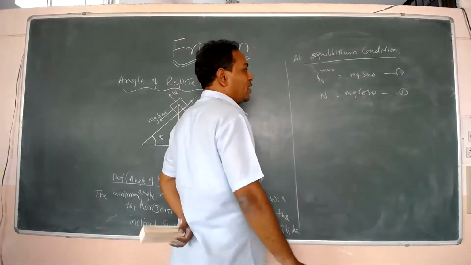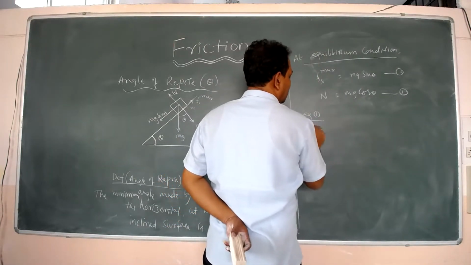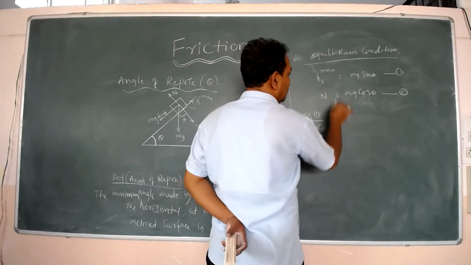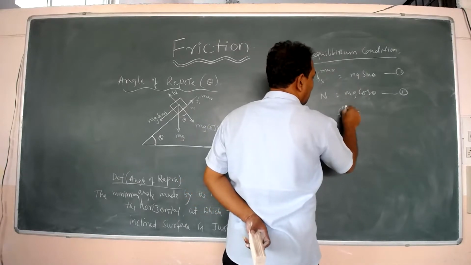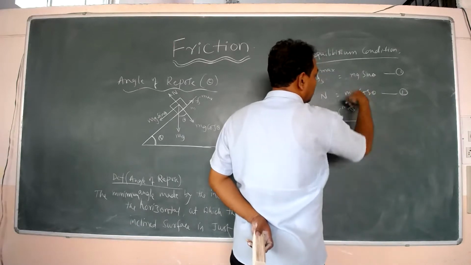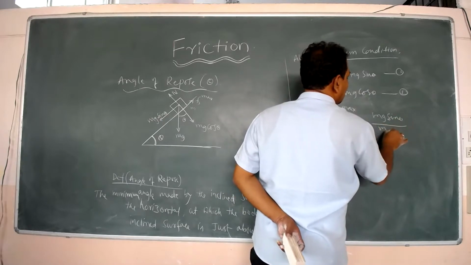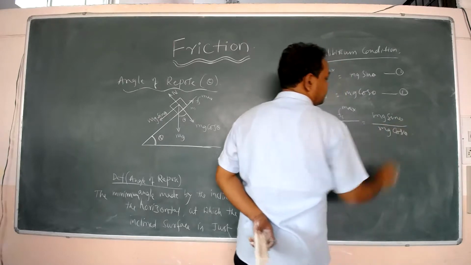Now if I divide equation 1 by equation 2, then Fs max divided by N is equal to mg sin theta by mg cos theta.